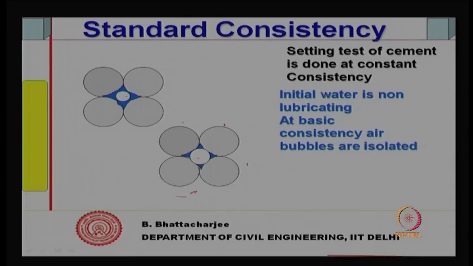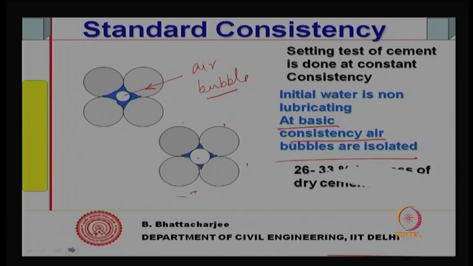So, this is my air bubble, and as it gets isolated, this corresponds to basic consistency. So, when they are just isolated, that means just when the pendular state is reached, that is what corresponds to basic consistency. And if you add more water, rapidly the paste will become more plastic.